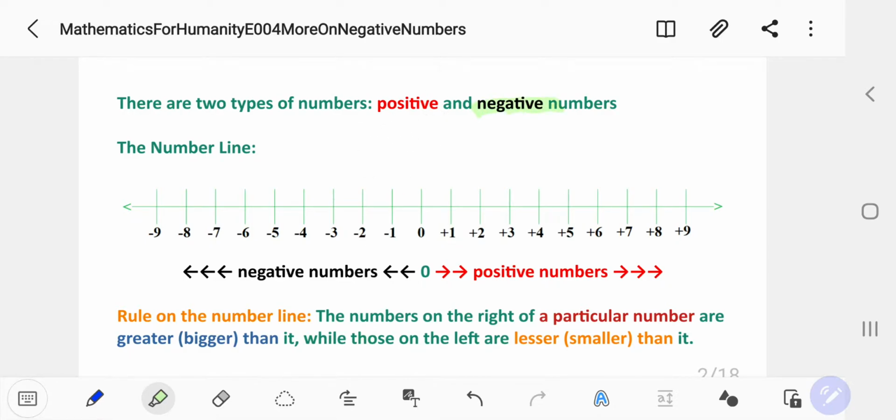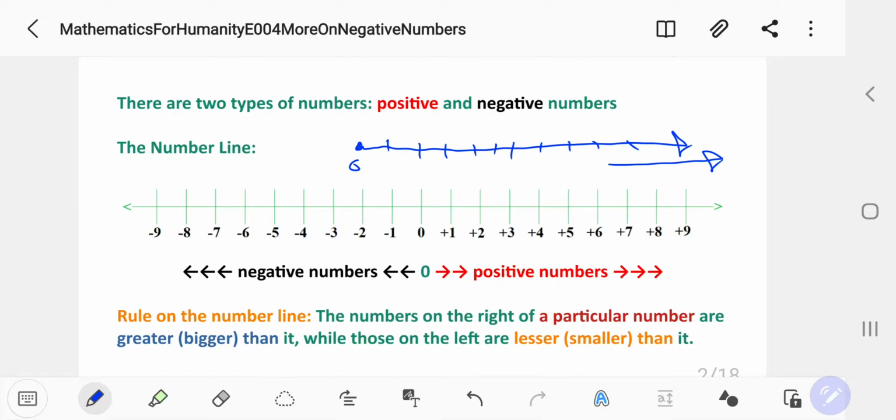So these positive numbers were extending from 0: 1, 2, 3, 4, 5, 6, 7, 8, 9, 10, and so on, going to the right.